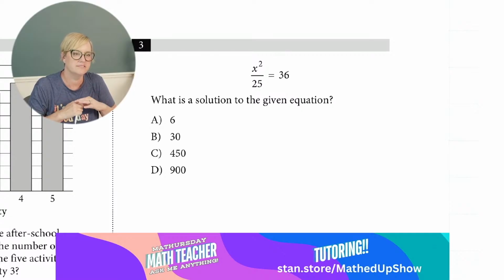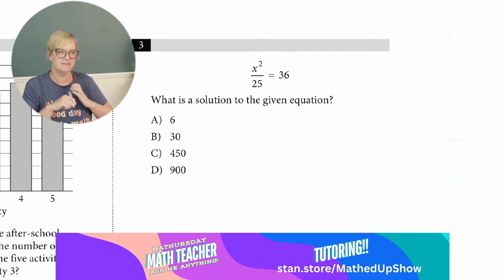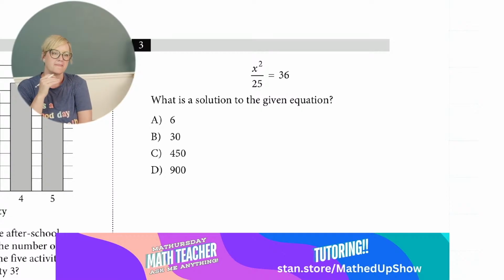Good, seeing a lot of good stuff. A lot of different ways of solving this one. So there are technically 2 solutions to this equation.